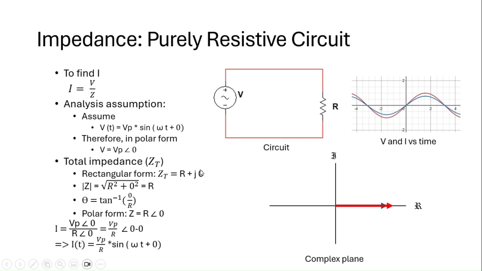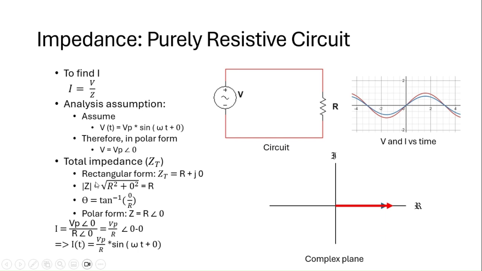And again, there's no turn here related to the current versus the voltage. And so therefore we can't have any sort of y component. The rectangular form of the impedance ends up with zero for the y, or imaginary, component.